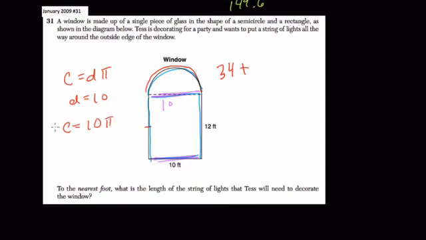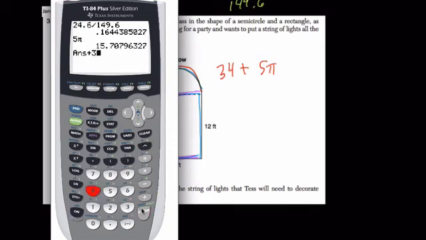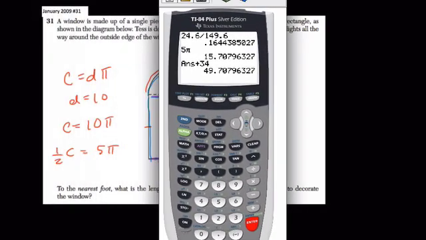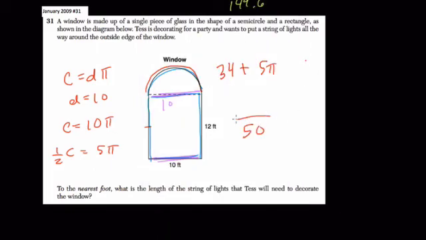We have a semicircle, so we take half of the circumference, or half of 10 pi, which is 5 pi. So that's our perimeter, but they want to know to the nearest foot what this would be. On our calculator, we enter 5 times pi. The pi button's right here, second exponent. Enter, plus 34. So we get 49.7079, and they want to know to the nearest foot. So it's 50 feet. So here our answer would be 50. We round that up.